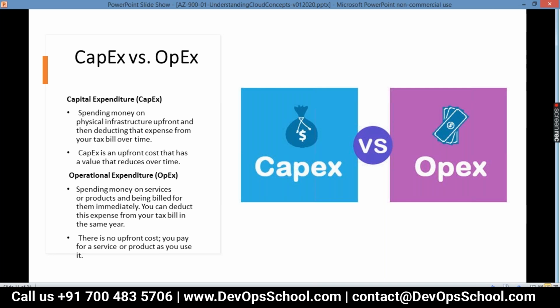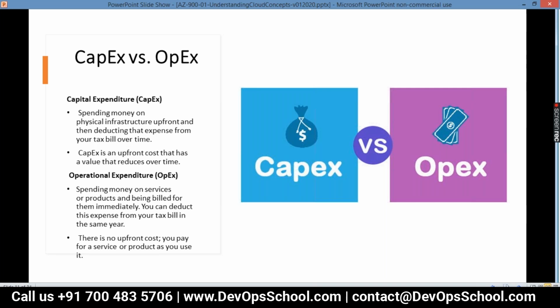First try to understand what capital expenditure means. In capital expenditure, the upfront cost is always involved. Before starting the actual work, we have to spend money. But in operational expenditure, in the cloud, upfront costs are not involved. It means what?